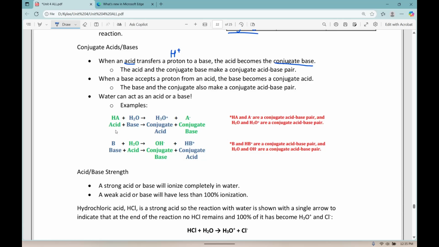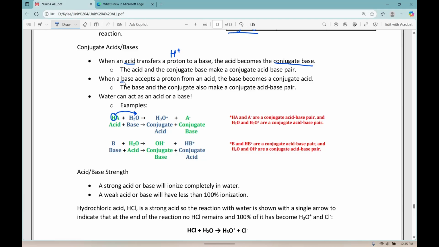We have HA, which is usually a generic acid. And we can see that that hydrogen that I'm circling is being transferred over to water, which is acting like a base. That's why water becomes H3O+, because it gains that hydrogen. And then the HA, once that hydrogen is gone, is simply just A minus, and that is our conjugate base.